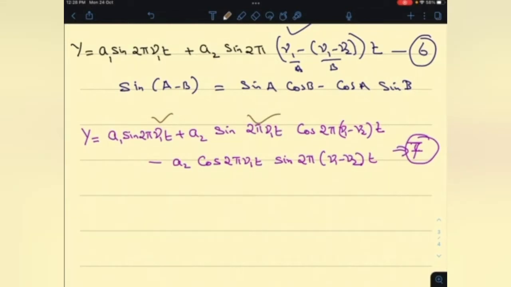So the contribution is only a1 here. Here it is a2 cos, plus a2 cos 2 pi nu 1 minus nu 2 into t.